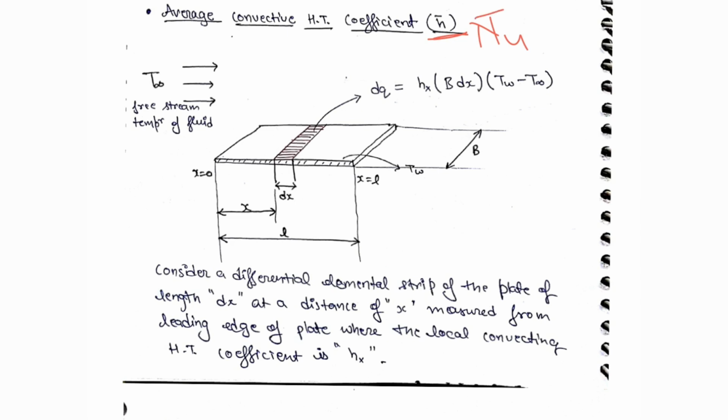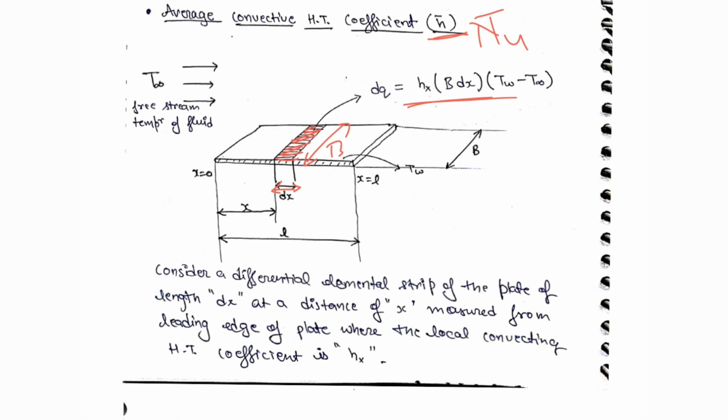Okay, let us consider a flat plate, and at a distance x from the leading edge, dx be the small elemental length whose area be b into dx, that is width, this is b and this is dx, the area be b into dx. Therefore the convective heat transfer from the small elemental area is hx into b into dx into Tw minus T infinity.